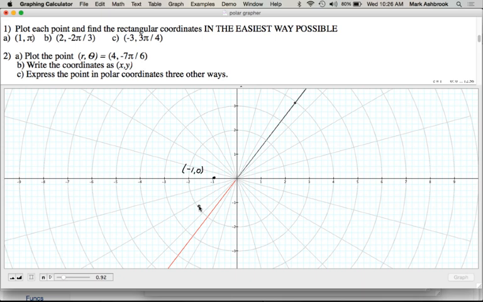Okay. Next one. So negative 2 pi over 3, what quadrant is that in? What quadrant does that point into? Negative 2 pi over 3. Fourth quadrant?